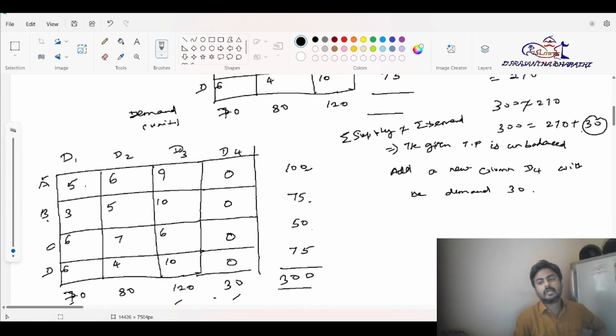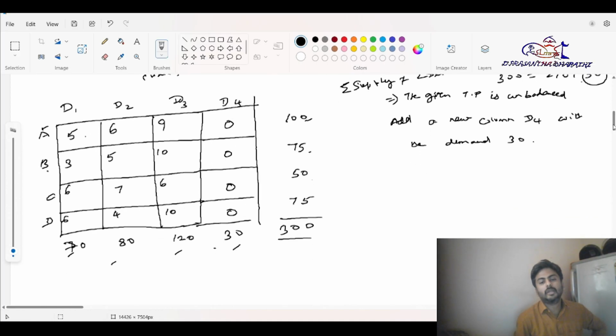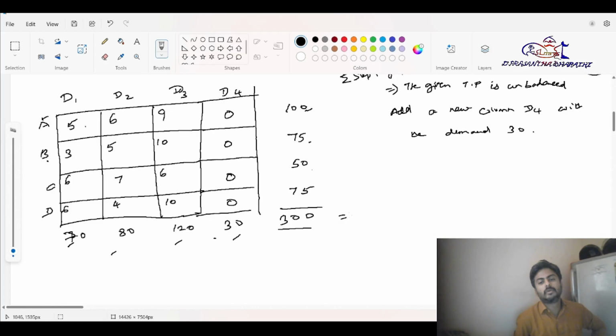So you will get the following table. Now here, summation of supply equals summation of demand. So the transportation problem is balanced.